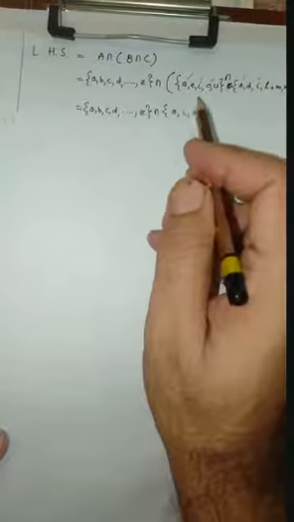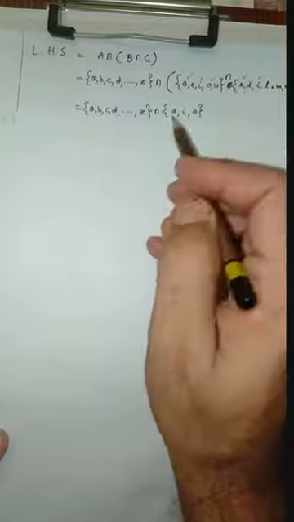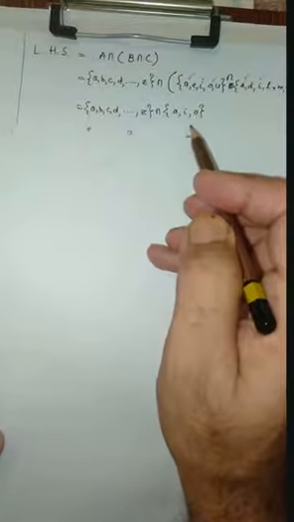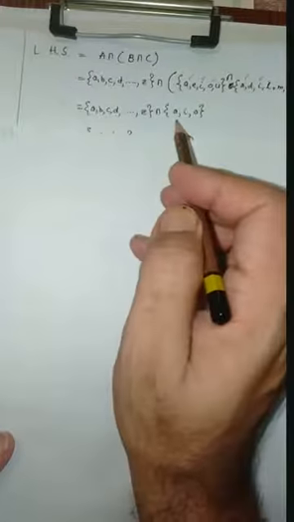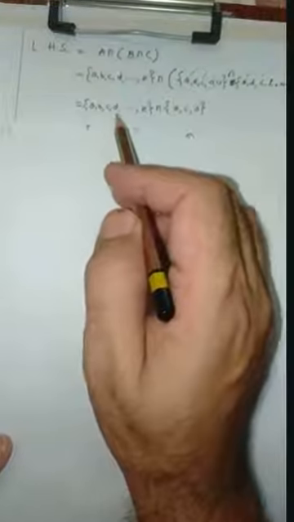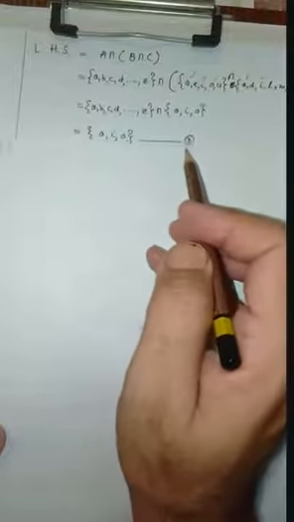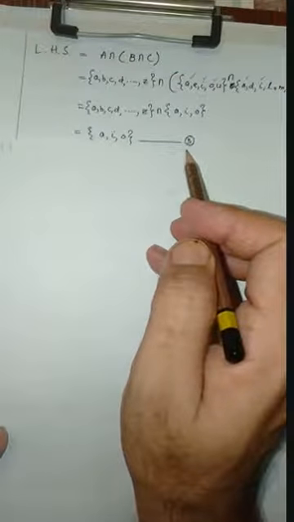So the intersection between these two sets is AIO. Now taking intersection of AIO with this set A, B, C, D up to so on. So the answer is AIO. This is called equation 3.